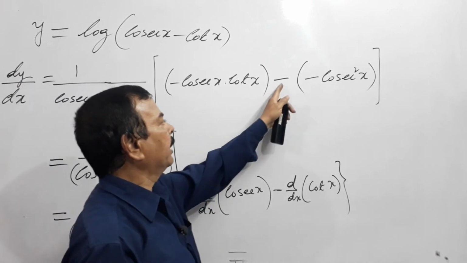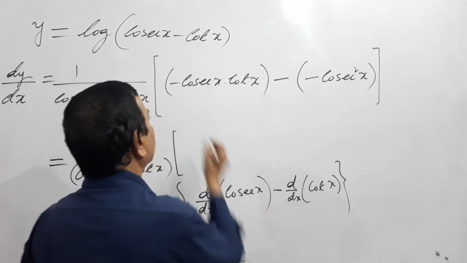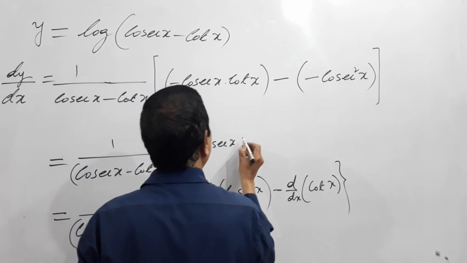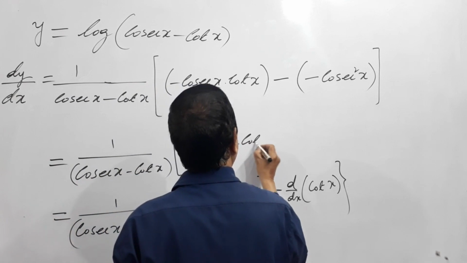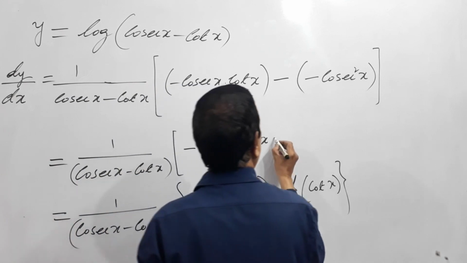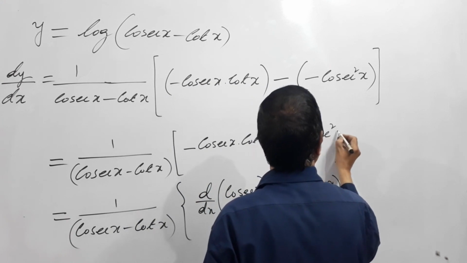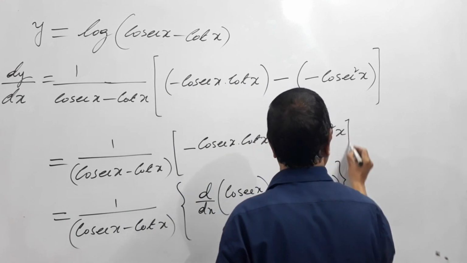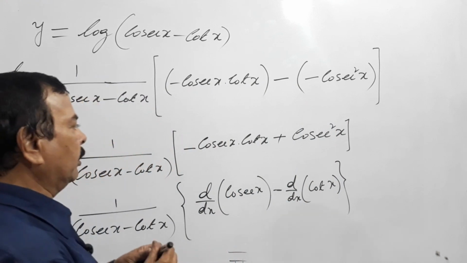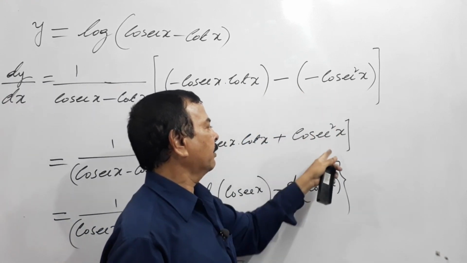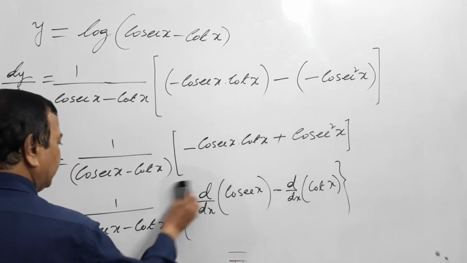So here minus into minus is plus. So here you have a minus sign, minus cosecant x into cot x plus cosecant square x. So how did you get this plus? Multiplying the minus into minus becomes plus cosecant square x.